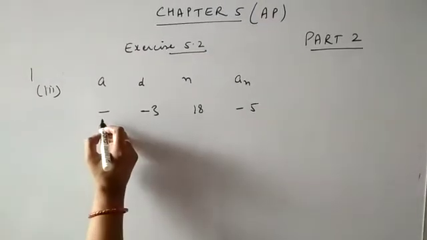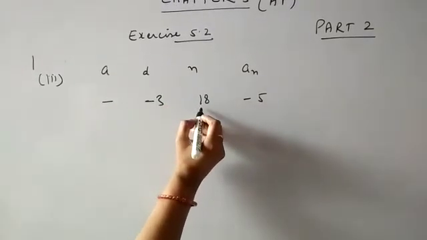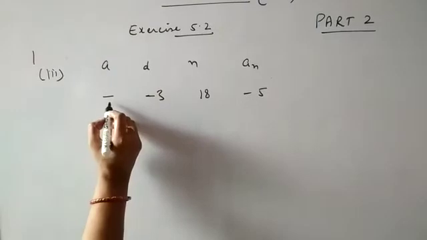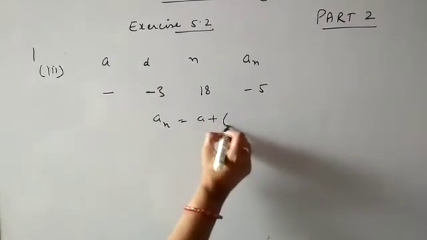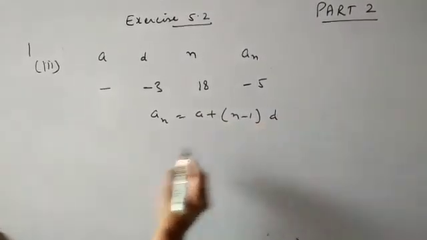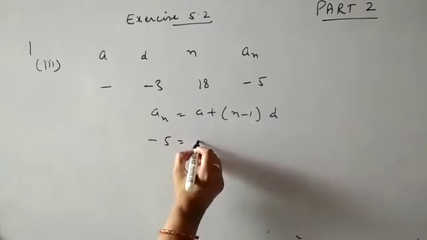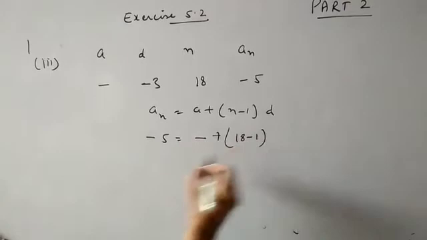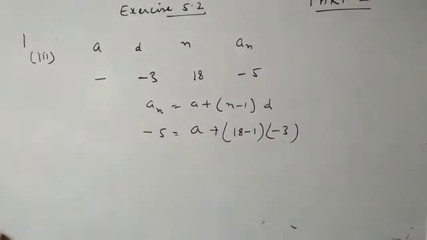Now in this third part, A is unknown, D is minus 3, number of terms 18 and nth term is minus 5. I want to know the first term. So use the same formula, An is A plus n minus 1 into D. Putting the values, A is unknown, number of terms are 18 minus 1 into D is minus 3.